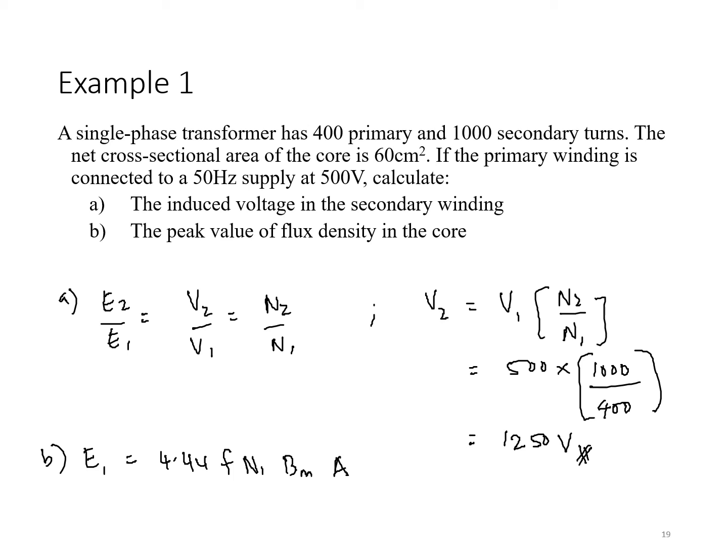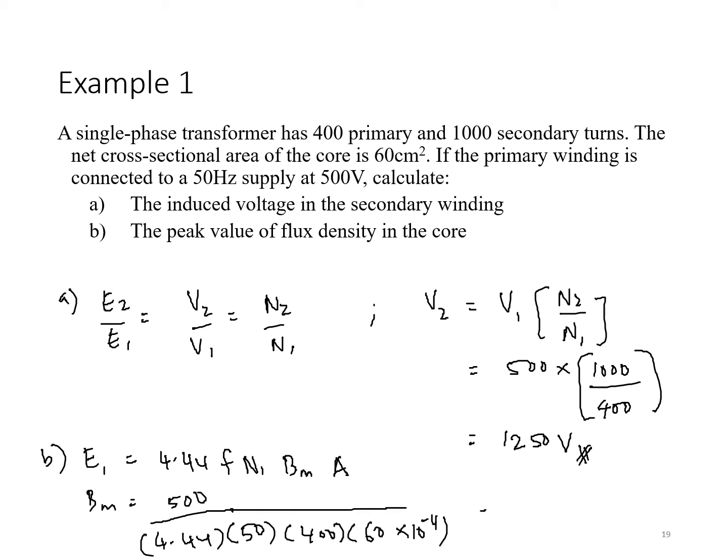If we put all the values here, we can calculate the peak value of the flux density B. B is equal to 500 divided by 4.44 multiplied with the frequency, the number of turns, and the cross-sectional area, 60 times 10 to the power of minus 4.